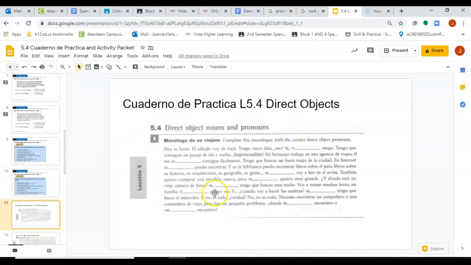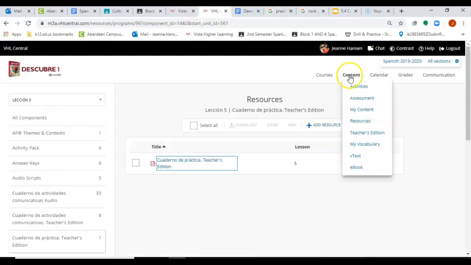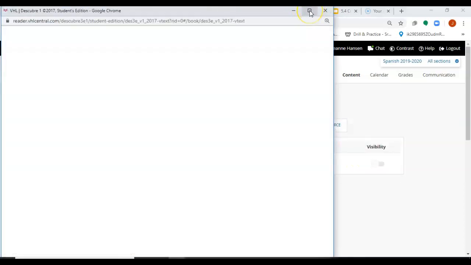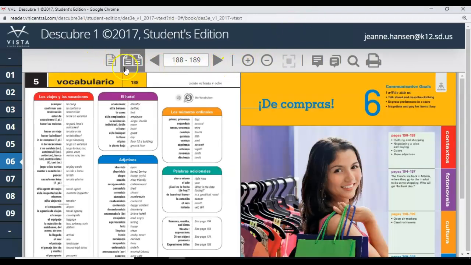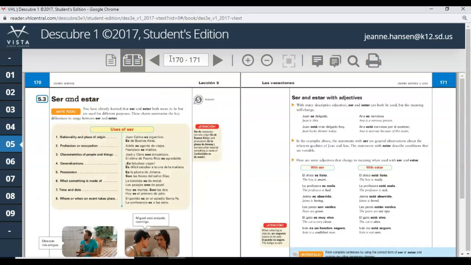So step one, and I'm going to pause my video, but step one, complete this monologue with the correct direct object pronouns. So if I were you, I'd have this up, and then I'd go grab the direct object pronouns out of the textbook and have those up as well. Especially in these opening exercises, we're going to want those there, okay?